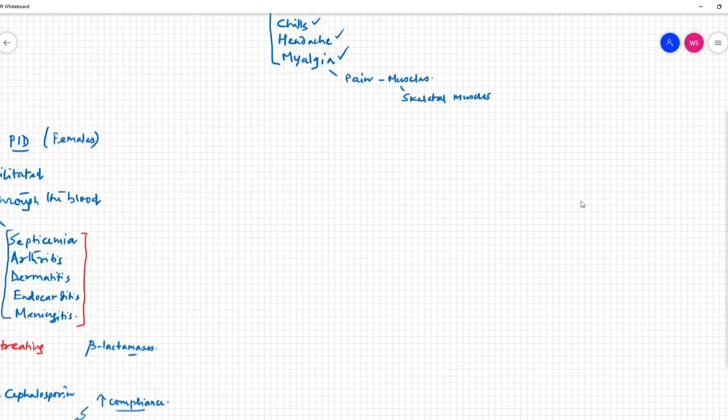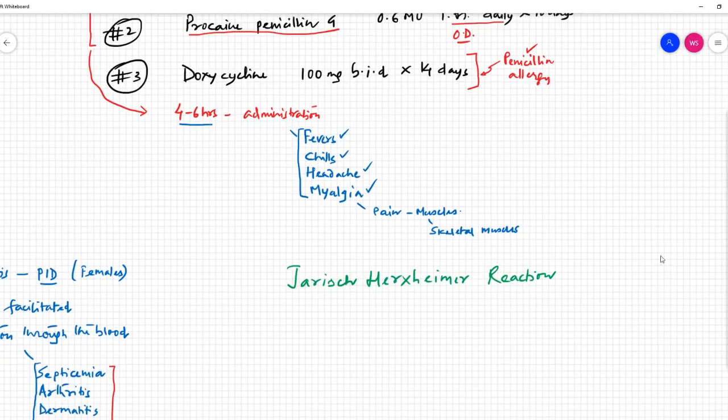This is the reaction due to administration of penicillin, and this reaction is called Jarisch-Herxheimer reaction. So what is Jarisch-Herxheimer reaction? It is a reaction to penicillin, which presents with fever, chills, headache, and myalgia 4 to 6 hours after administration of penicillin.